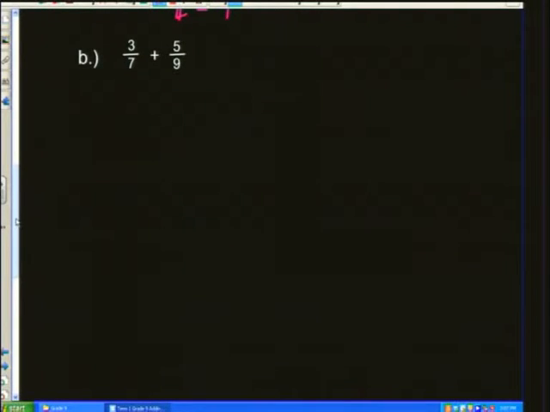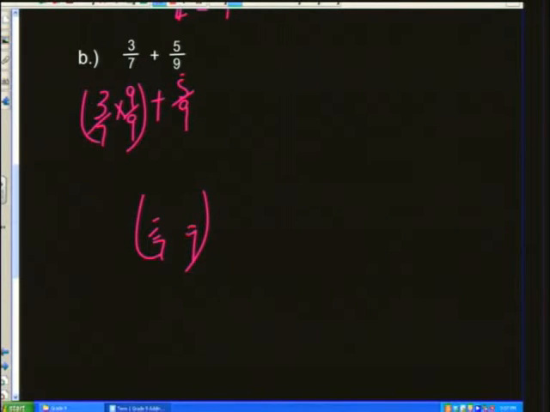The best way to do this is to multiply 7 by 9 over 9, and multiply 9 by 7 over 7. This will equate our denominators. So I'm saying 3 over 7 times 9 over 9, plus 5 over 9 times 7 over 7.